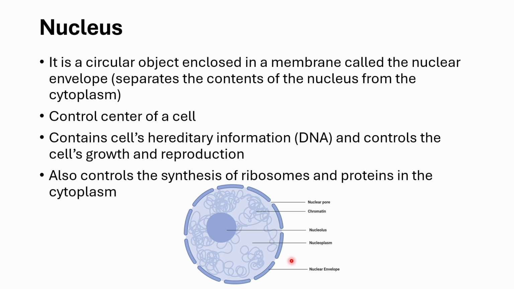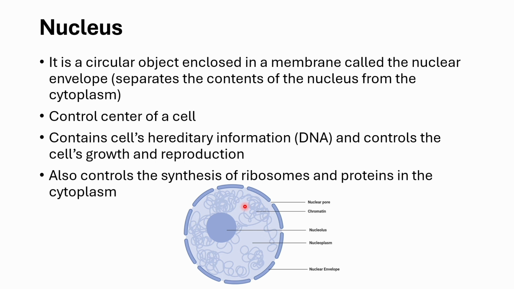Right here in the picture, this is just a rough diagram of a nucleus, and it has small holes which are called nuclear pores. It has some wires inside it which are called chromatin, and it has DNA which has all of our information: the way we talk, the way we walk, our height, eye color, number of our fingers, number of our hairs, number of all the cells, every single thing.